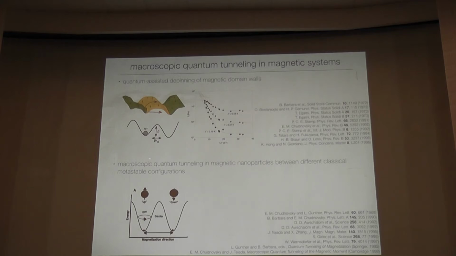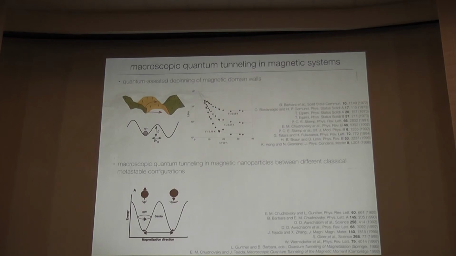One particular problem people studied was depinning of domain walls, and how quantum mechanics plays a role there. Also, tunneling of a monodomain magnetic nanoparticle, like a ferromagnetic or antiferromagnetic nanoparticle, and seeing how the order parameter tunnels quantum mechanically between two different classically stable configurations.